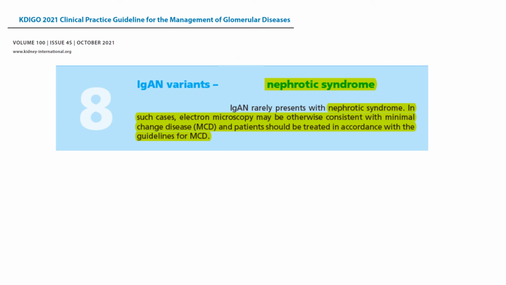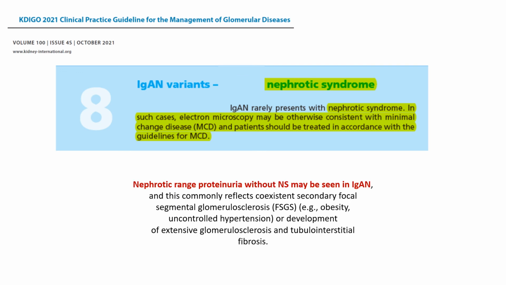What about IgA nephropathy with nephrotic syndrome? Usually, in these cases, you will find effacement in the electron microscopy, and these cases will be treated as minimal change disease. Finally, an important clinical point: if your patient has nephrotic range proteinuria but without nephrotic syndrome, this usually indicates that the patient got FSGS secondary to IgA.